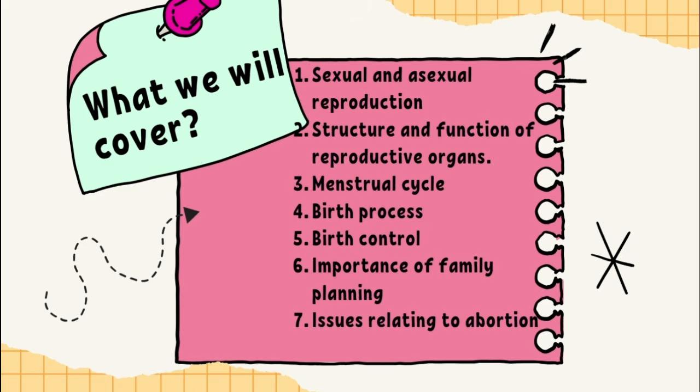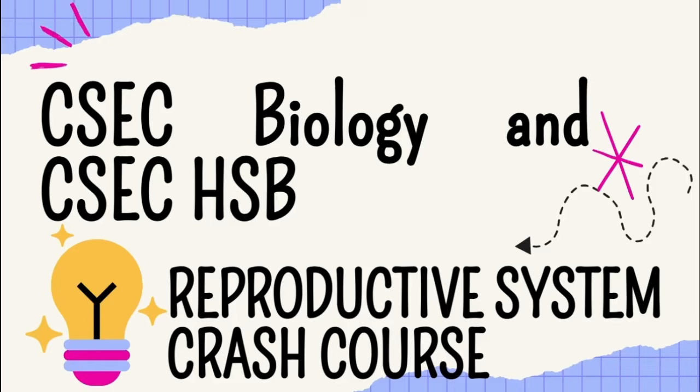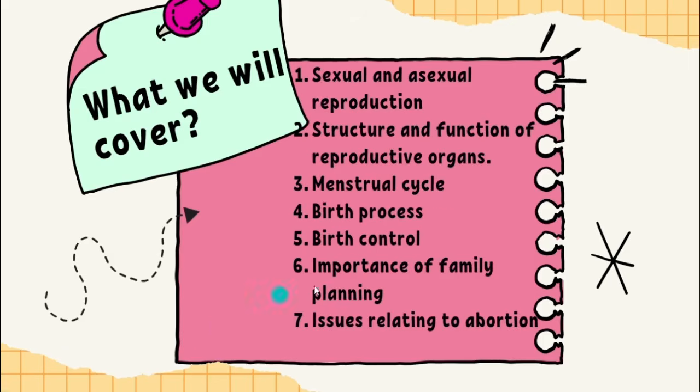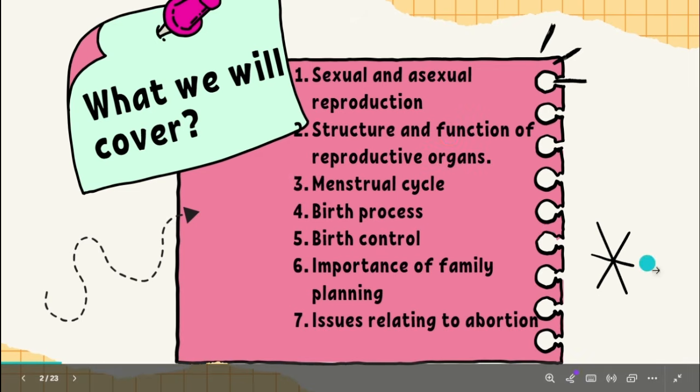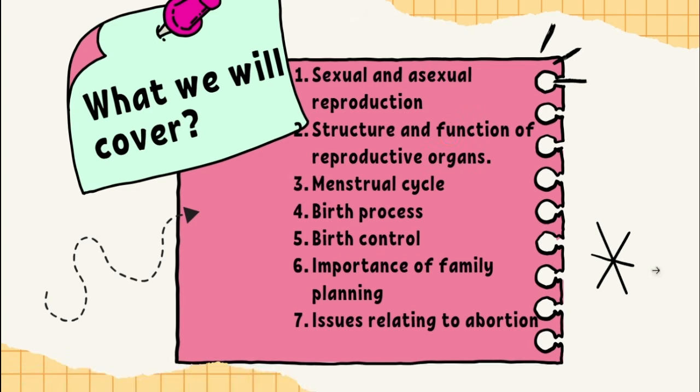So the goal is to get through these particular topics. The reproductive system is very broad, right? There's a lot that goes into it. What we want to talk about is sexual and asexual reproduction, the structure and function of our reproductive organs, both for the male and the female, although for the female I'm going to take up a bit more time because a lot more goes on there.